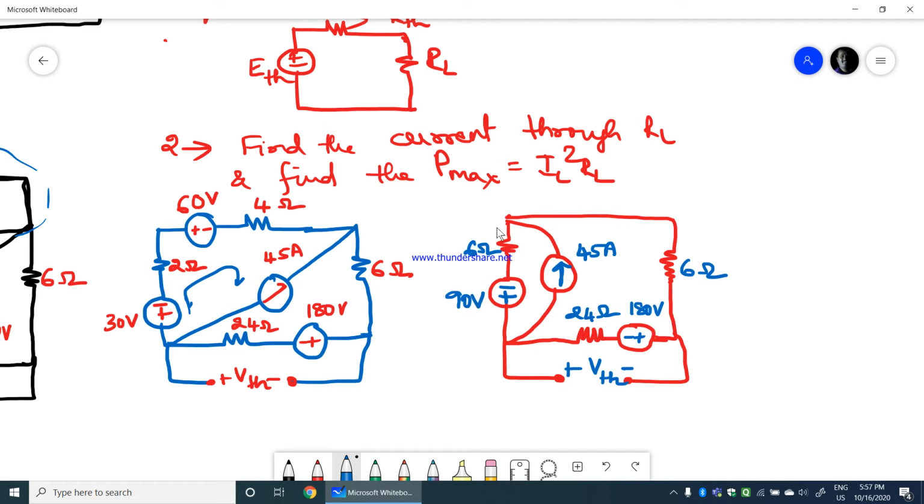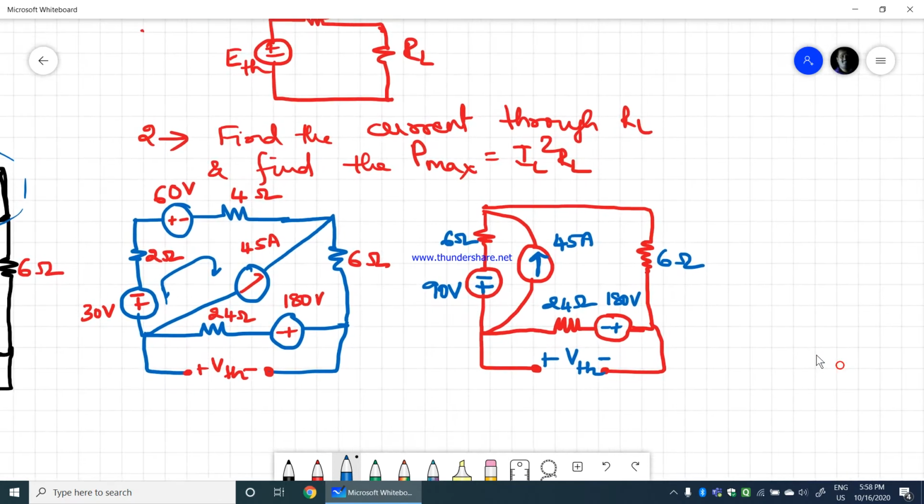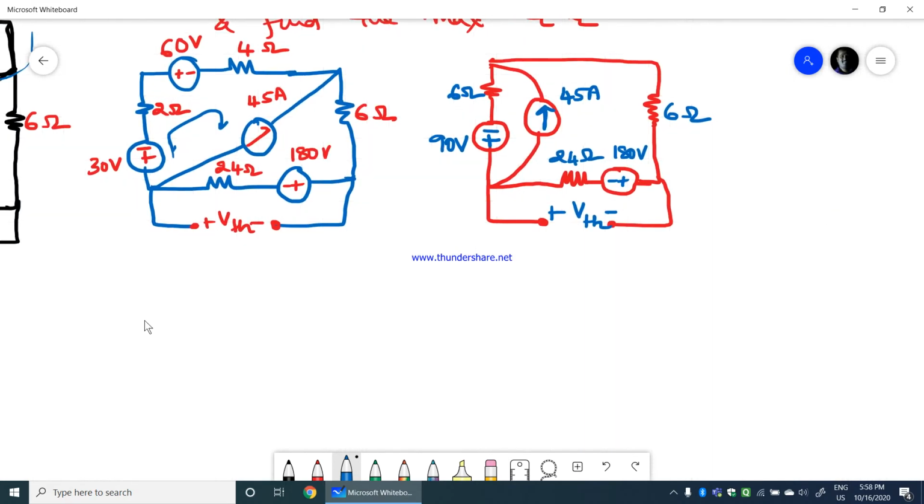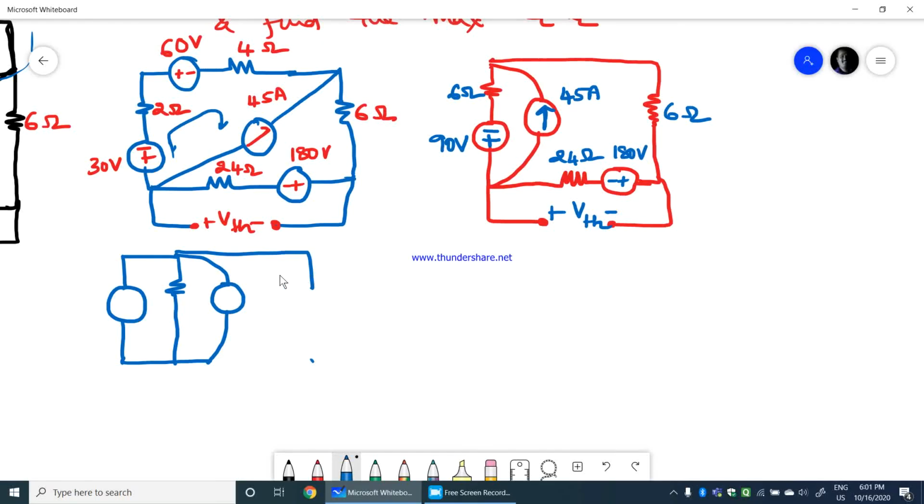Again, I will convert this series into parallel so that I can play with that current source. So what will I get? I get 6 ohms, and then I have a voltage source. Sorry, I get a current source. So here we have a voltage source in series with the resistance that becomes a current source in parallel with the resistance.